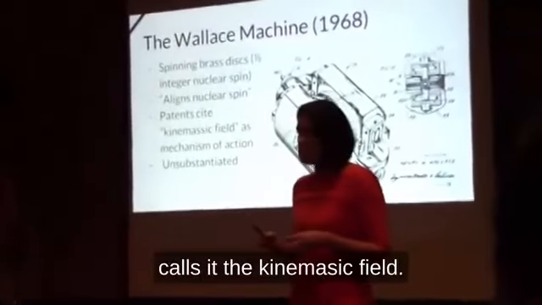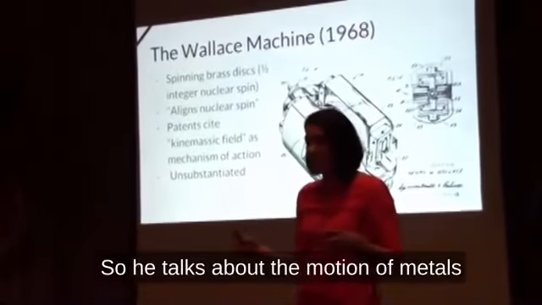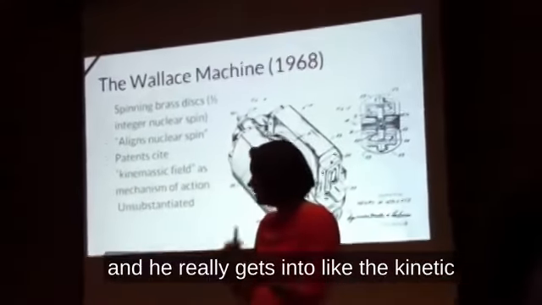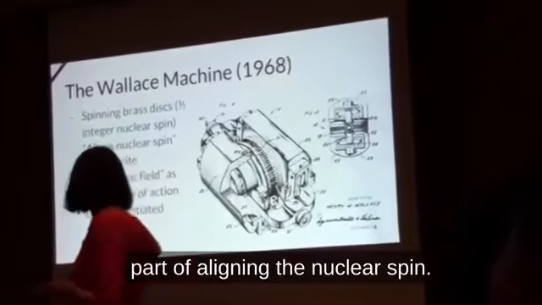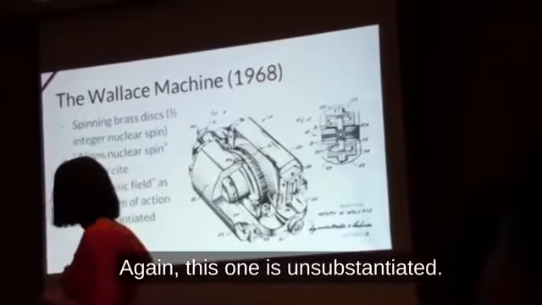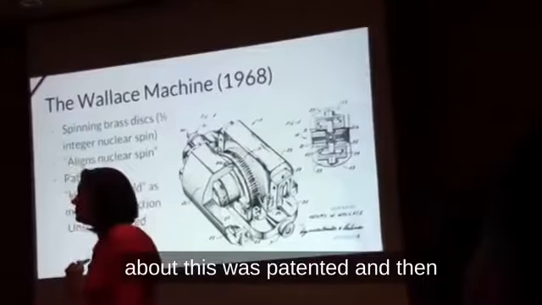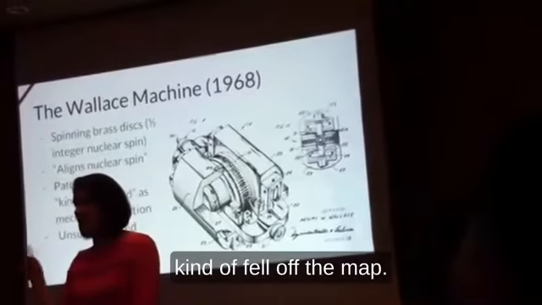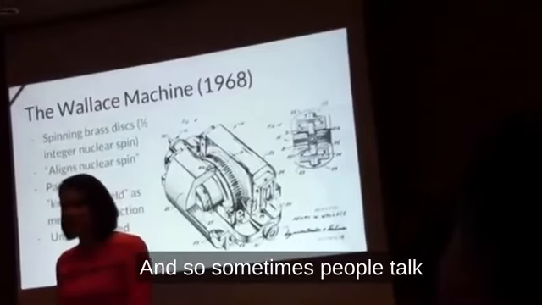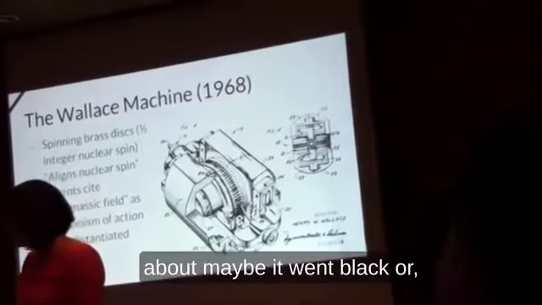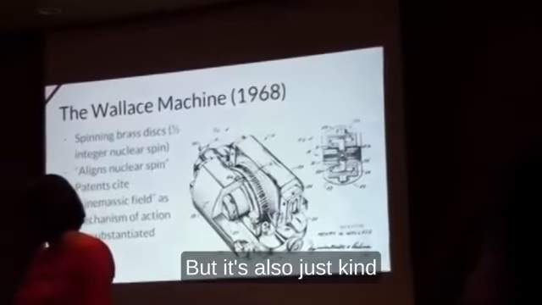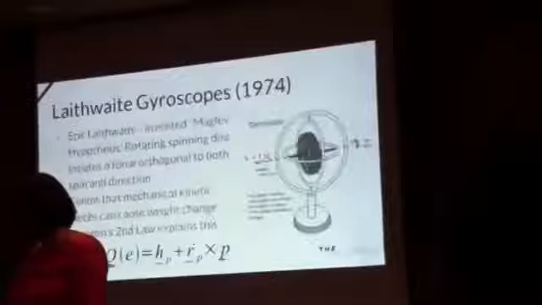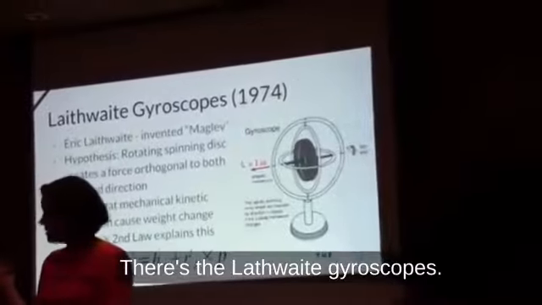He calls it the kinematic field, so he talks about the motion of metals and the kinetic part of aligning the nuclear spin. Again, this one is unsubstantiated. A lot of people talk about how it was patented and then fell off the map, and sometimes people suggest maybe it went black or was taken under, but that's also unsubstantiated.